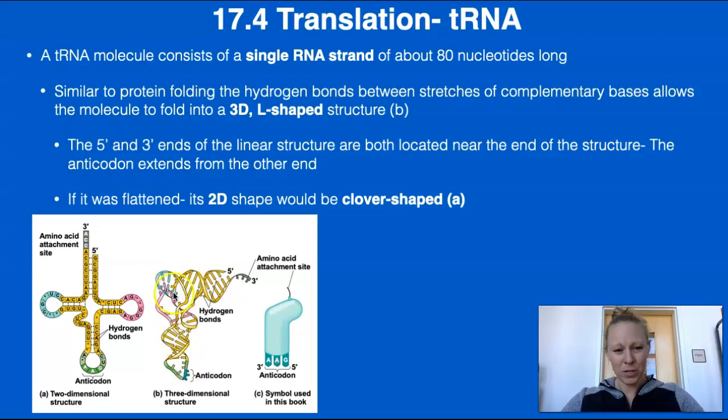It's going to have this sort of L shape. And notice that the 5' beginning and the 3' end are located right near each other. At the bottom here is the anticodon. And in certain places in the book, you're going to see it represented by this structure here. So we can see the anticodon, and this would be the amino acid attachment site.